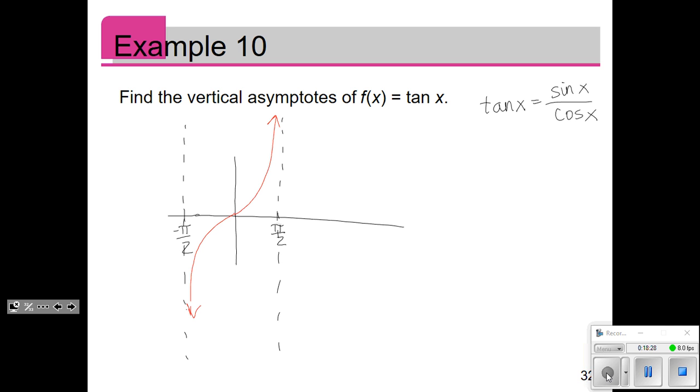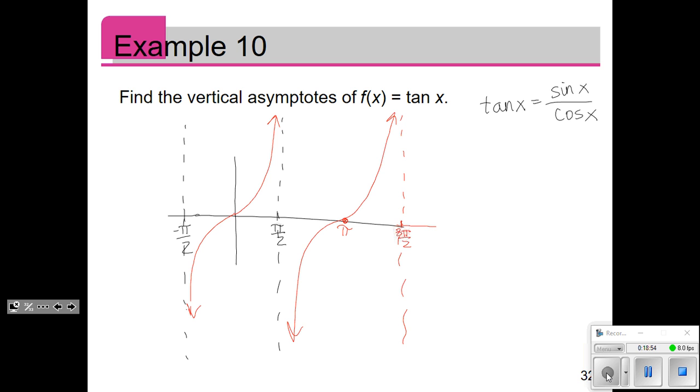It's positive in the first quadrant and negative in the fourth, essentially. And it keeps repeating. So if this is pi, then this over here would be 3 pi over 2. This would be another, and it would keep repeating.